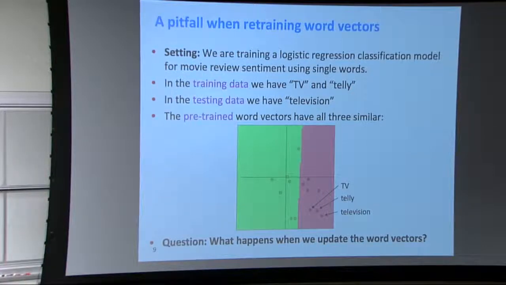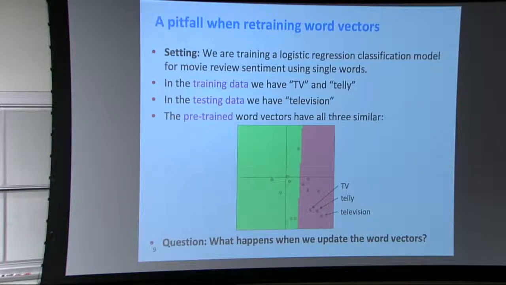So that's great, our word vectors are good. But suppose it was the case that in our training data for movie sentiment review, we had the words TV and telly, but we didn't have the word television.